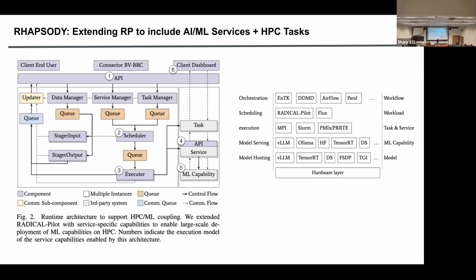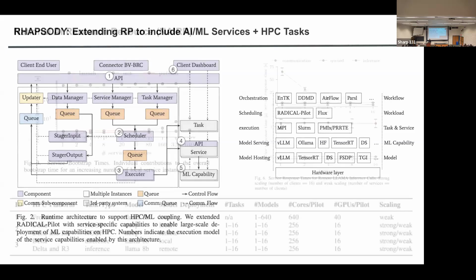We now want to do everything local on the supercomputer, but if need be, go out and do an inference on a model somewhere sitting in Seattle, behind Microsoft's firewalls, right? So the next generation is extending the previous runtime system to include AI/ML services, which could be local or remote.